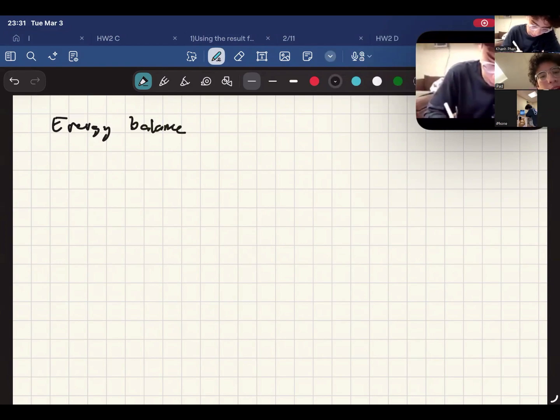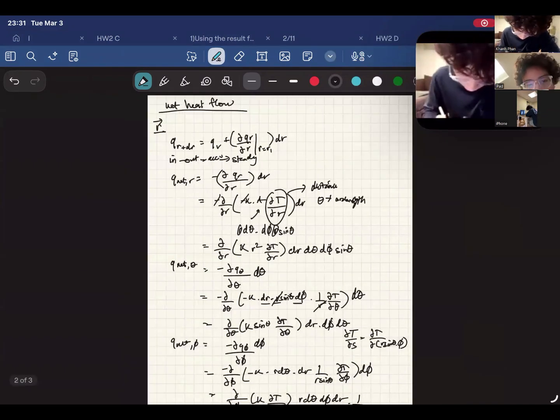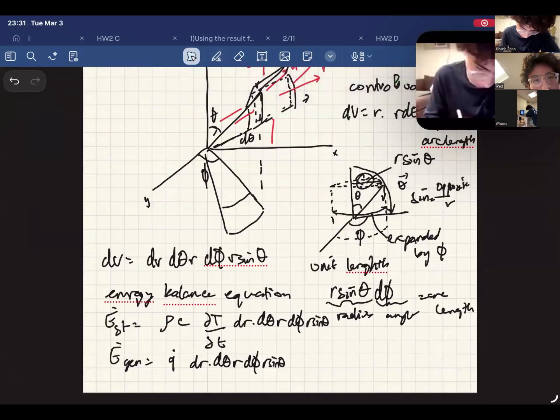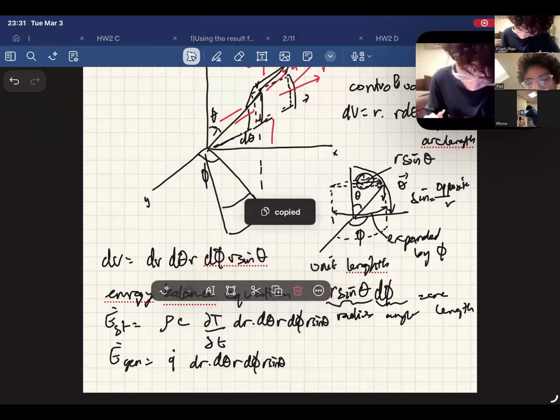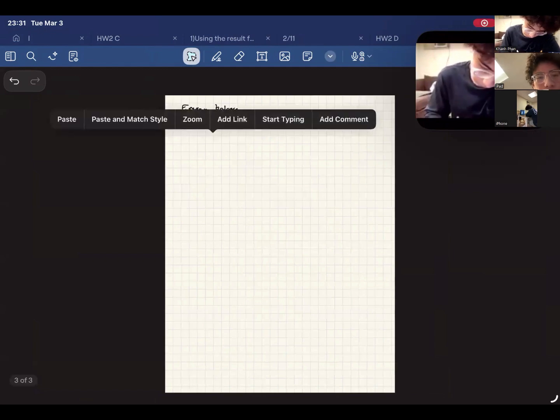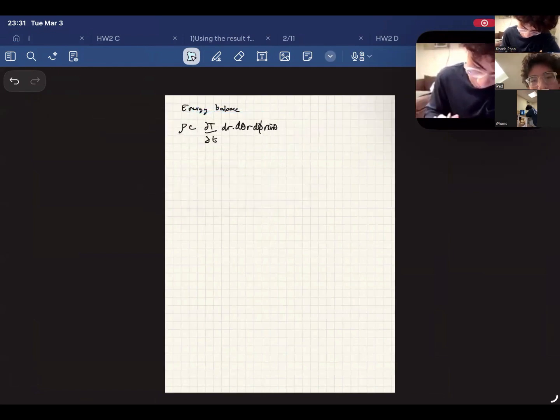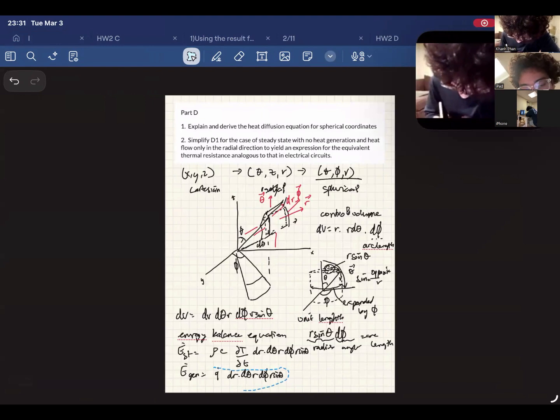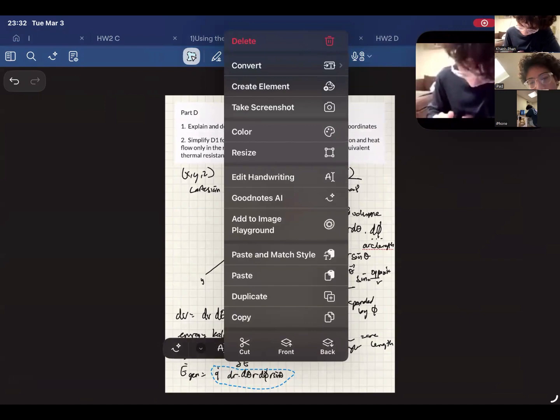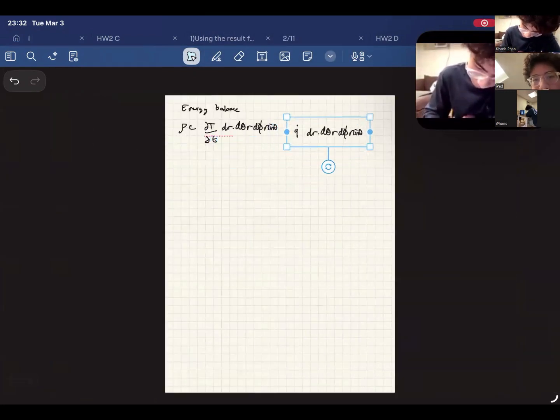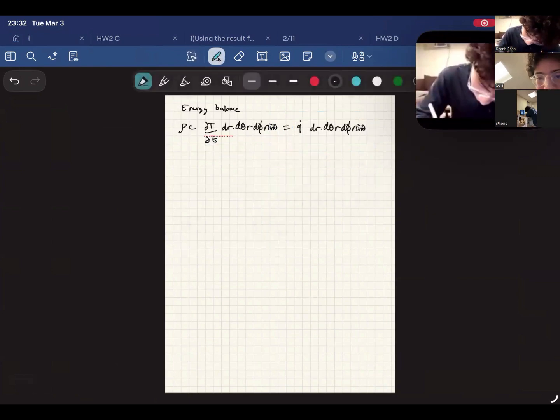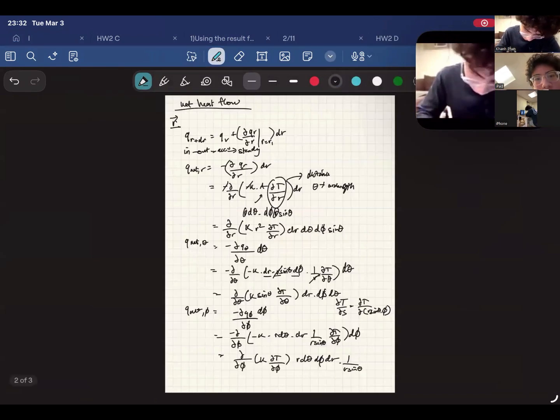And then now we're gonna write all of our energy balance here. So first we have the energy storage, which I'm gonna copy paste here. And then we have the energy generated, and then plus all of the net heat flow.